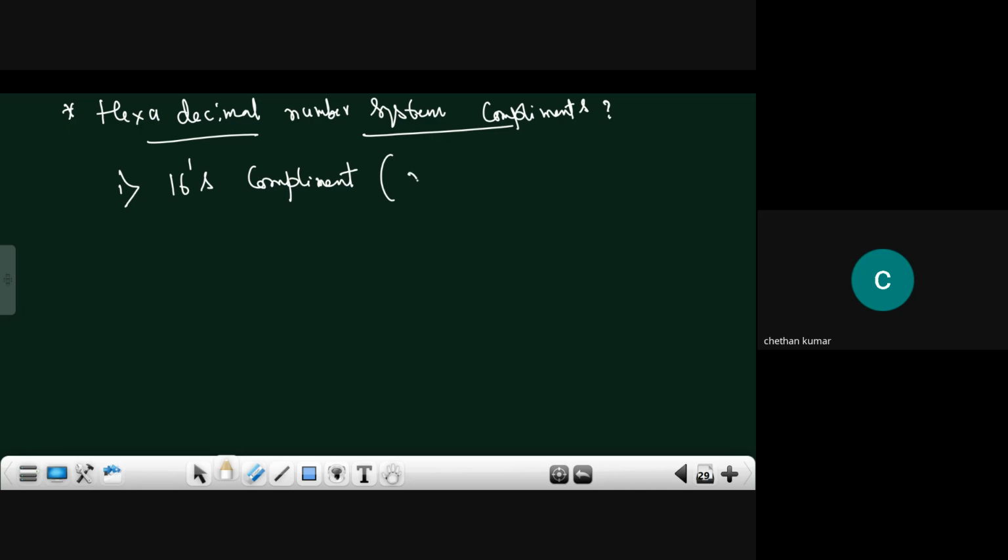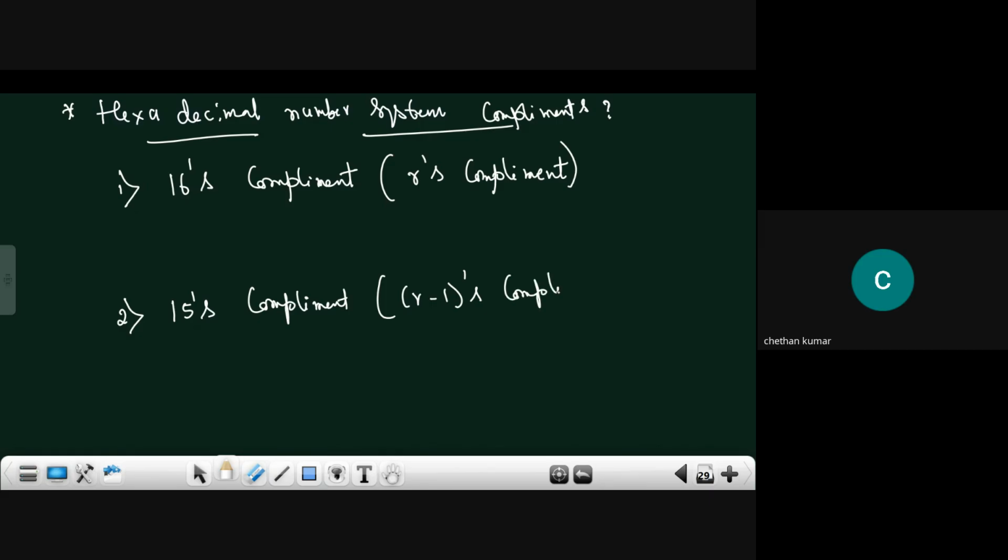This means R's complement. Then 15's complement, which you can write as R minus 1's complement. Correct?